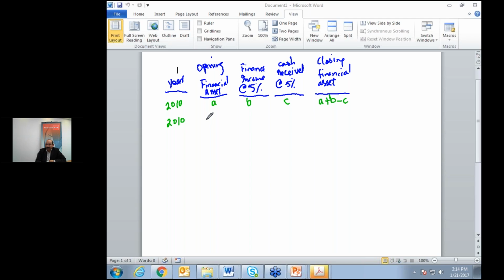Opening amount is 5 million, and interest on this 5 million at the rate of 5% will be 0.25, and the same is the cash received. So this will give us 5 million, but because we are solving number one, it is being subsequently measured at fair value.